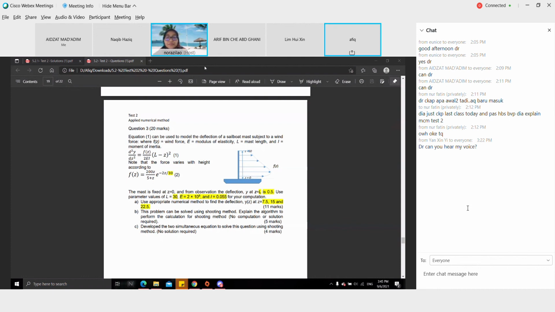Okay, any question? Doktor, bezakan IVP dengan BVP. To understand BVP, it is specific. Find the deflection y at a point. For IVP, at this time, but it does not require everything at that distance, this distance, that is IVP.